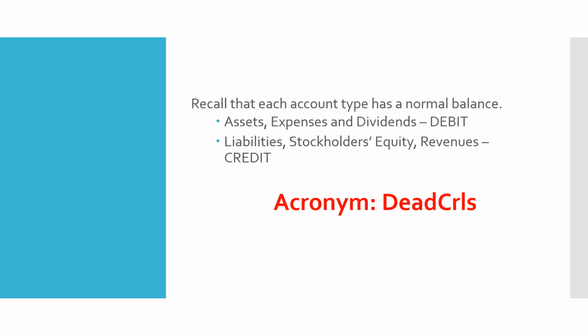The D in DED stands for debit. EAD is expenses, assets, and dividends. The capital C there stands for credit, and the RLS is revenues, liabilities, and stockholders' equity. All right, so DED CLRS.